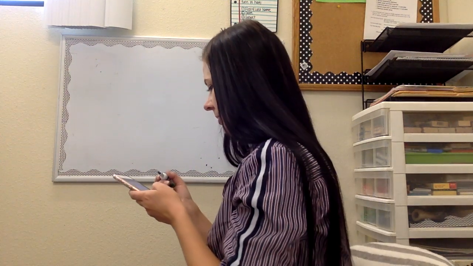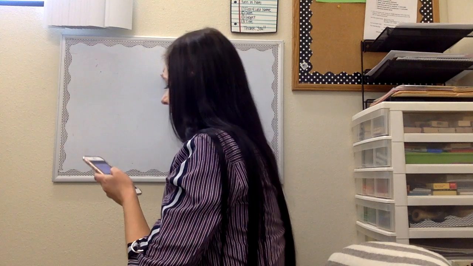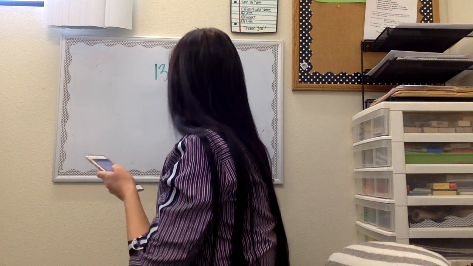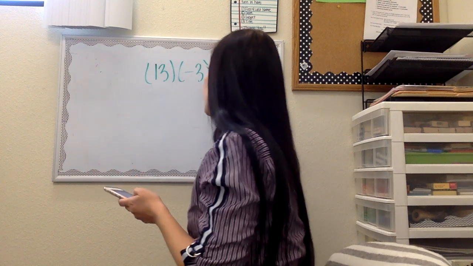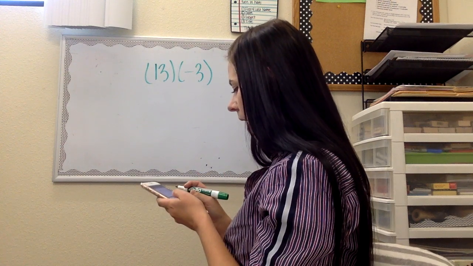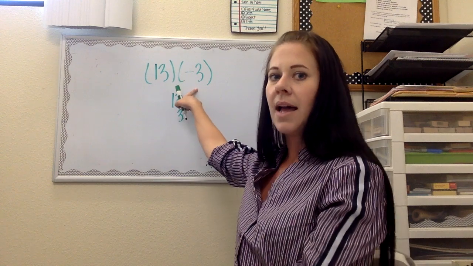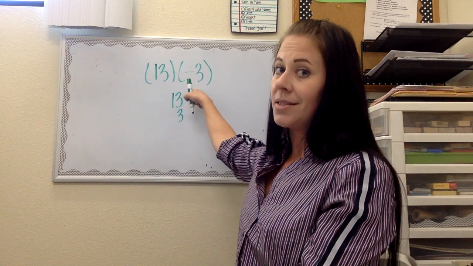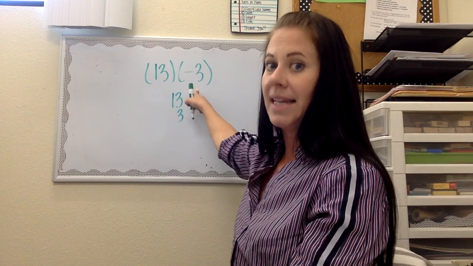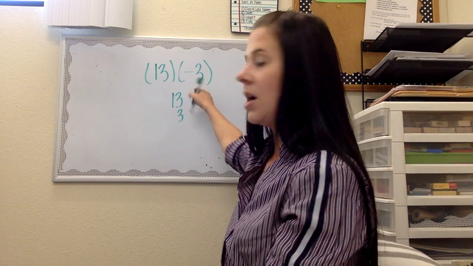Okay, so some examples are if I had 13 times negative 3. Okay, so I want to first just do 13 times 3. And remember, parentheses means times. I'm not always going to put the x, and actually I'm going to start putting the x a whole lot less. So use parentheses, use dots.